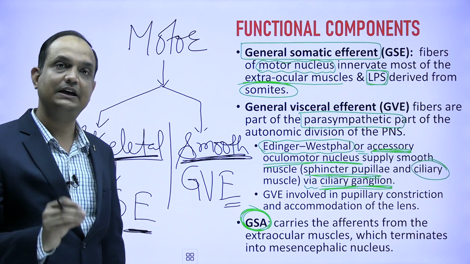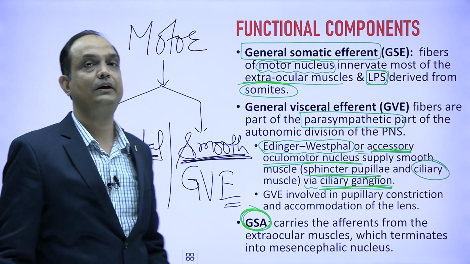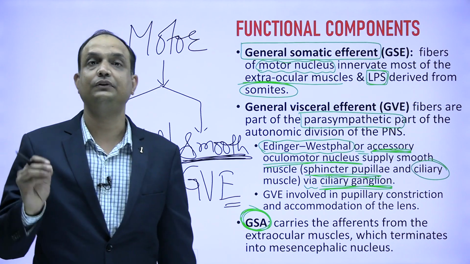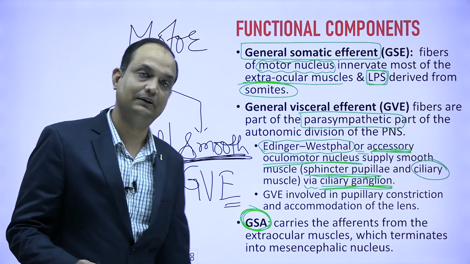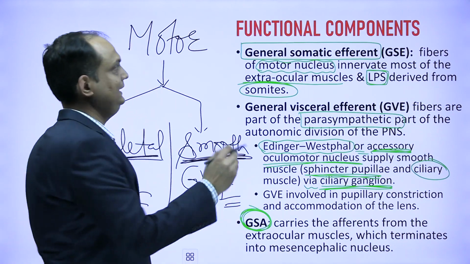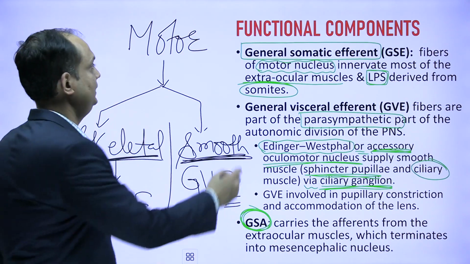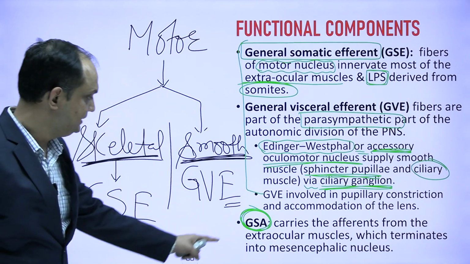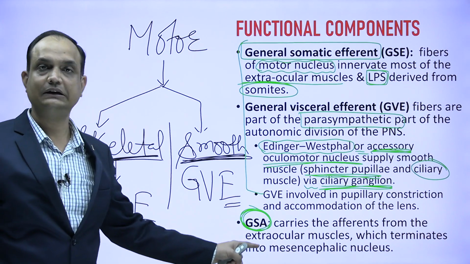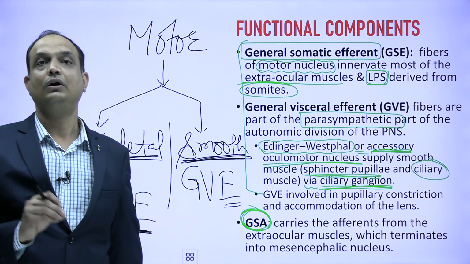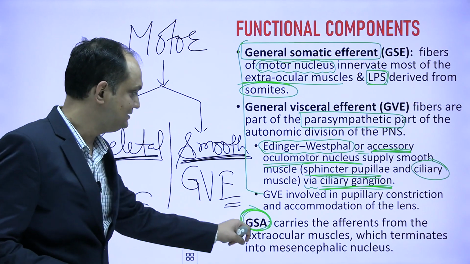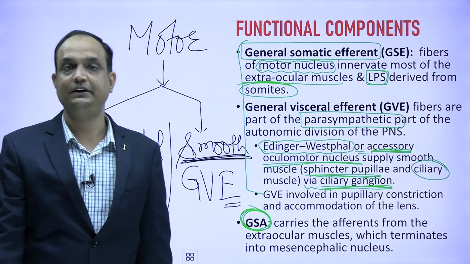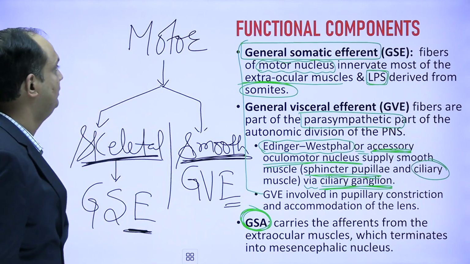But some books say that the oculomotor nerve fibers may carry these general somatic afferents from the extraocular muscles. But if you look at the major functional components, they are purely efferent. This component is not considered a component of the oculomotor nerve. This sense of the extraocular muscles is generally carried by the ophthalmic division of the trigeminal nerve.